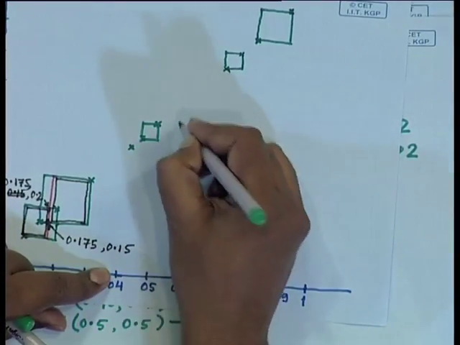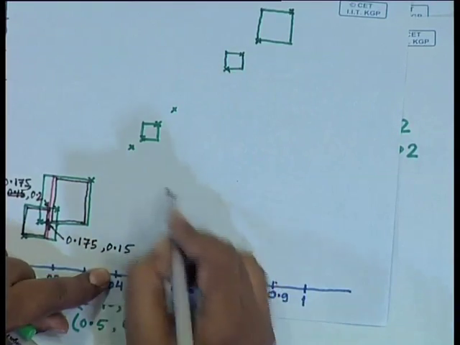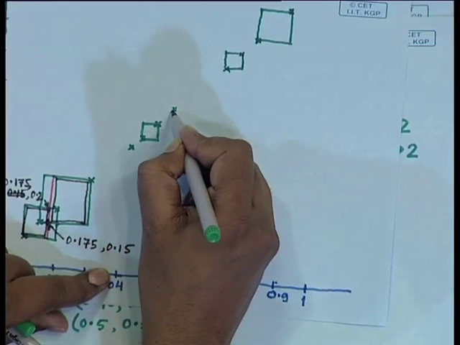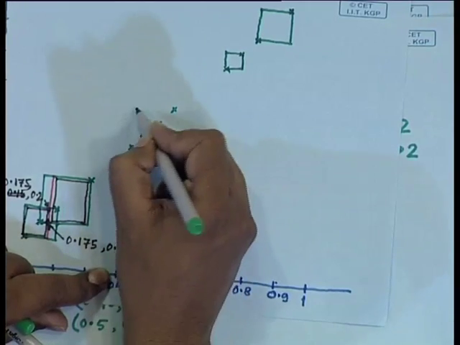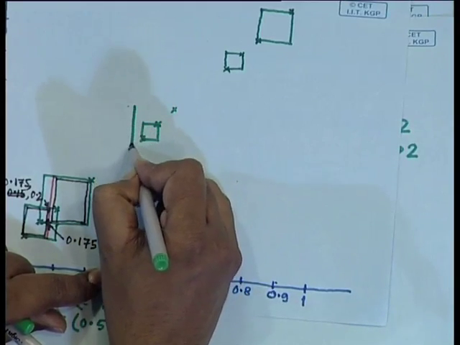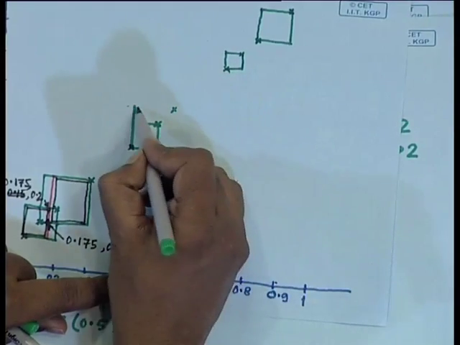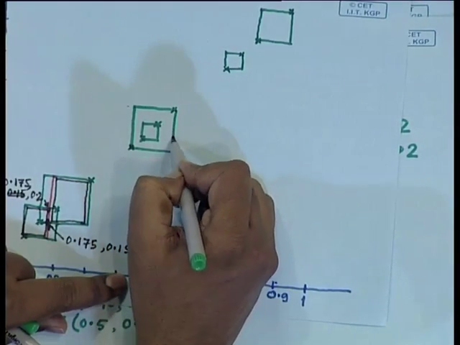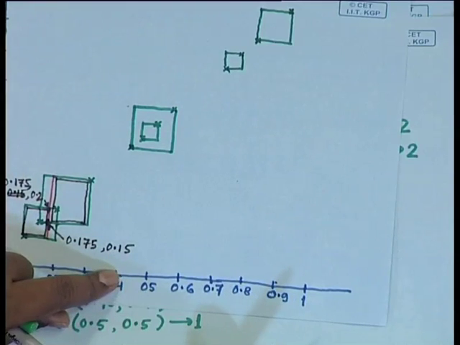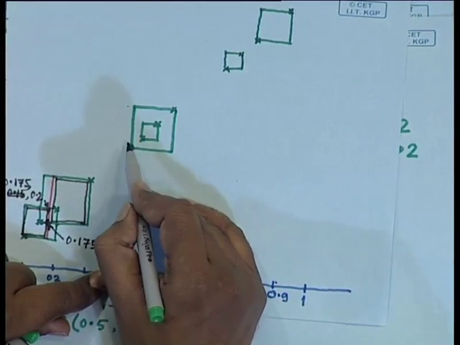So, according to this, I have over here 0.55, 0.55 somewhere over here, and assuming that this can be expanded to include this, I have this modified hyperbox, which comes like this. And now you find that there is a containment. Okay. So, because there is a containment, I have to contract this hyperbox.